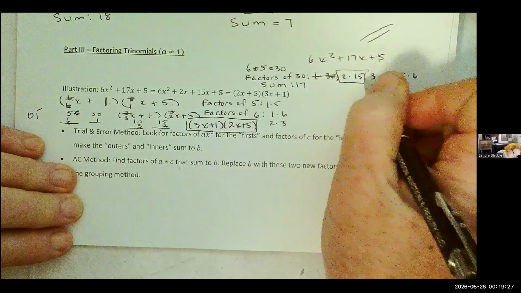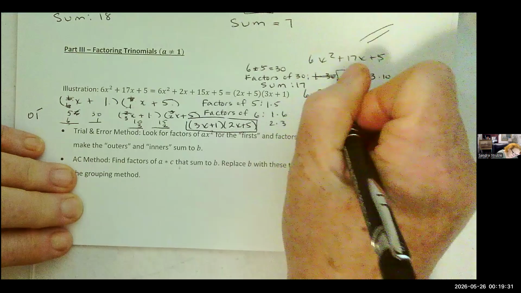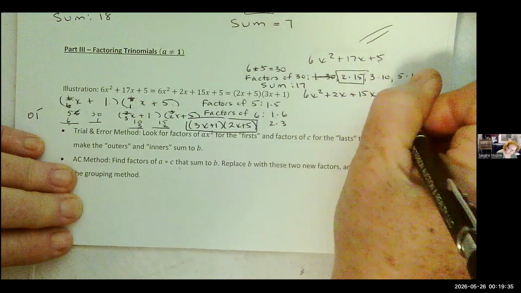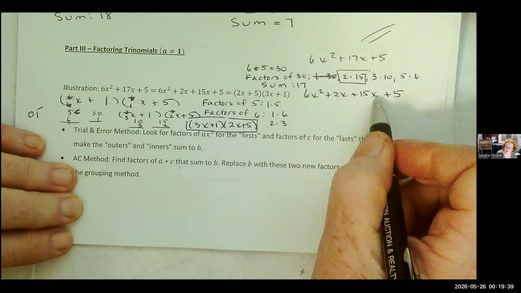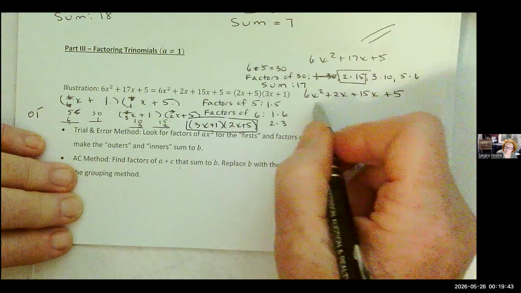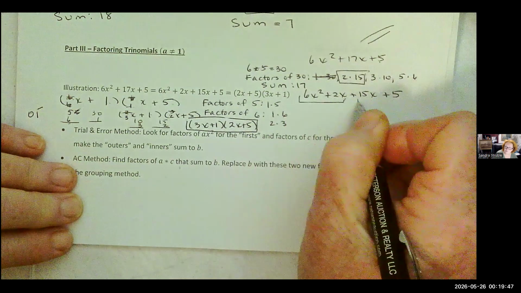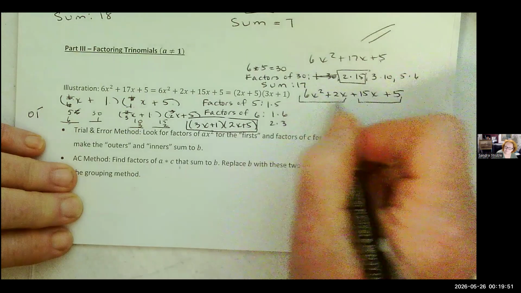So 6x squared plus 2x plus 15x plus 5. Notice it didn't matter whether I wrote 2x or 15x first. It doesn't. Just go ahead and do this. And we're going to look at the two terms, which we've done already in our first video. We're going to factor out what they have in common. They've got a 2x in common.